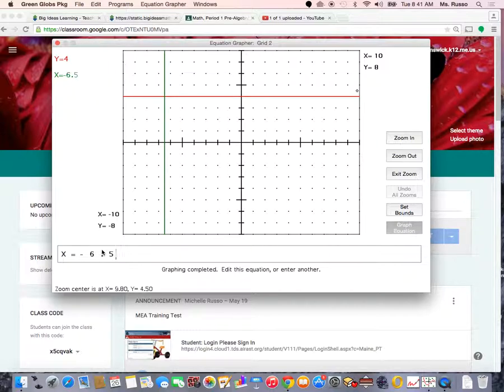Caitlin, thank you. -6.5. The y-intercept? There isn't one. And then our slope. Anna? No slope, undefined. You never want to go down this vertical line.